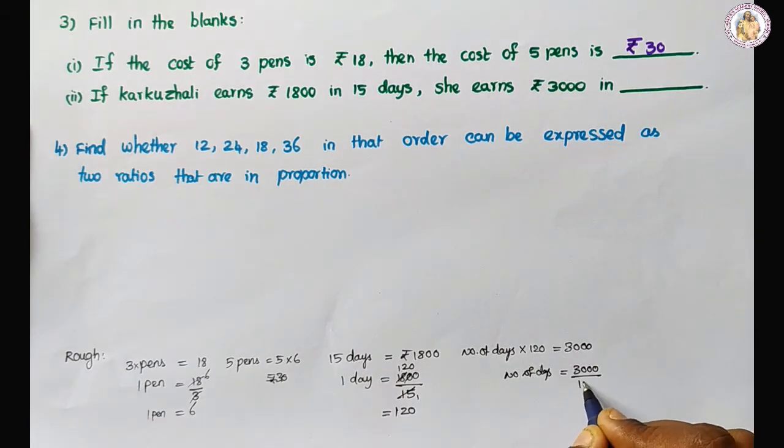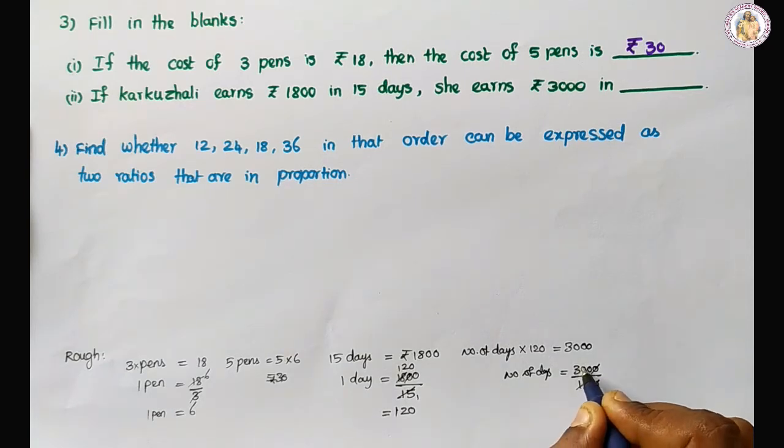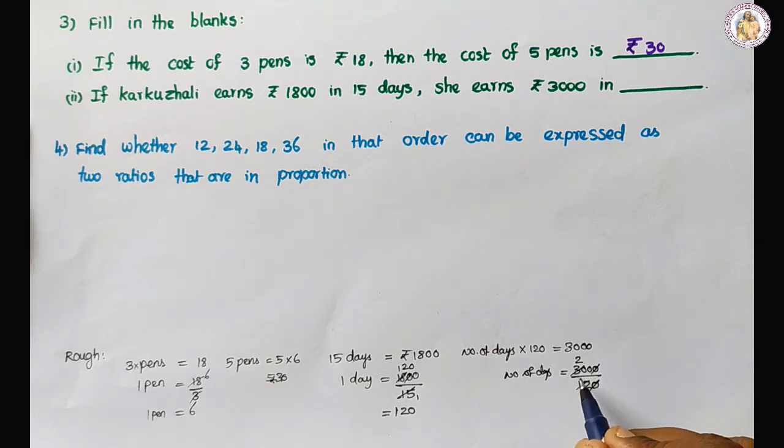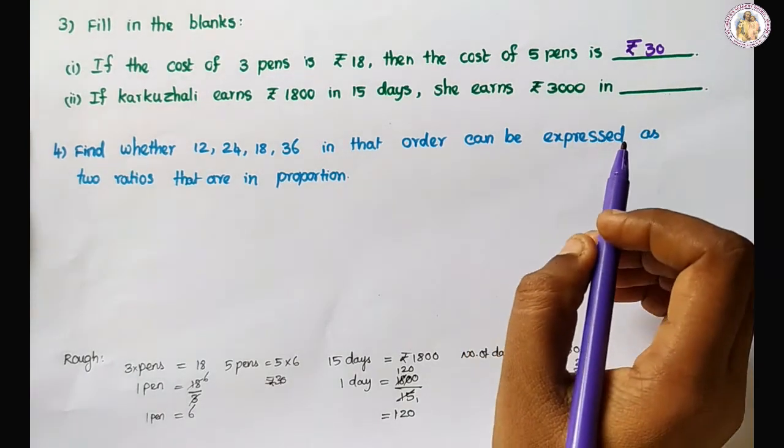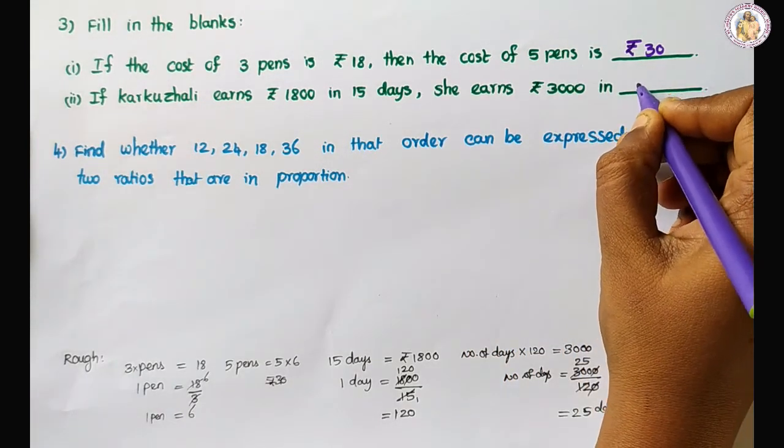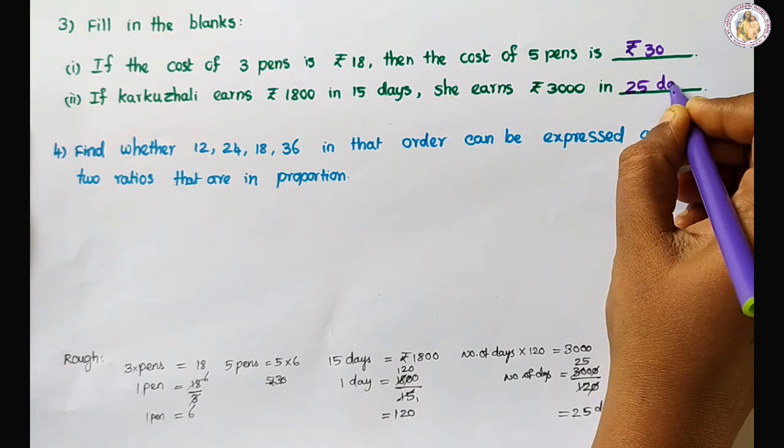Bring this side means division. Cancel this one. 2 12s are 24. Balance 6. It becomes 60. That is 5 12s are 60. So 25 days. So the answer is 25 days.